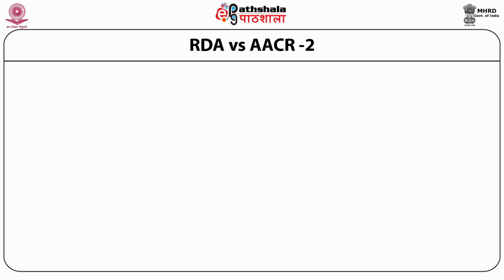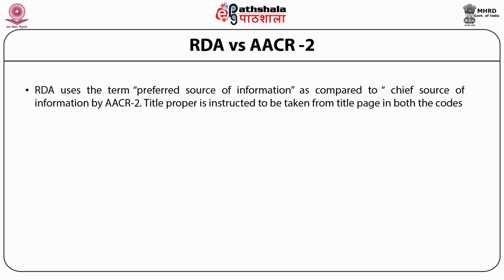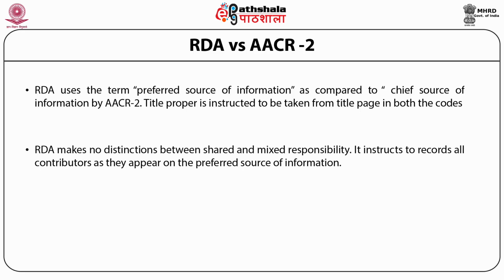Let's take a look at the difference between RDA and AACR2. RDA uses the term preferred source of information as compared to chief source of information by AACR2. The title proper is instructed to be taken from title page in both the codes. Secondly, RDA makes no distinction between shared and mixed responsibility.